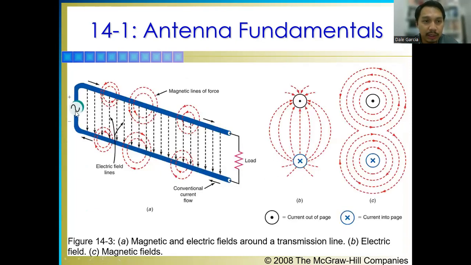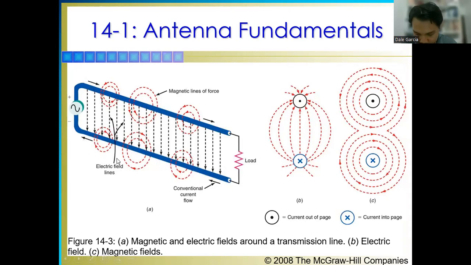So, this is our generator, no? Our signal source. In the positive half cycle, current goes this way, no? Kaning nasa glowing. In the negative half cycle, opposite siya.